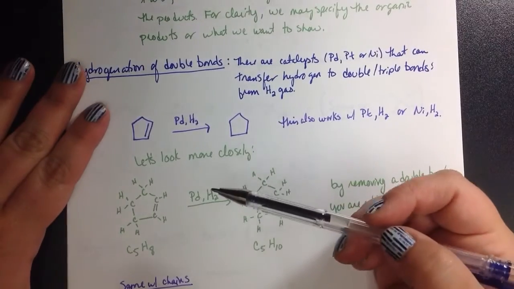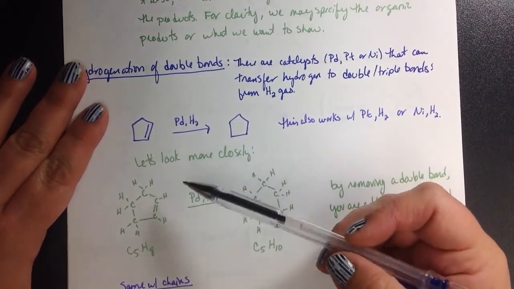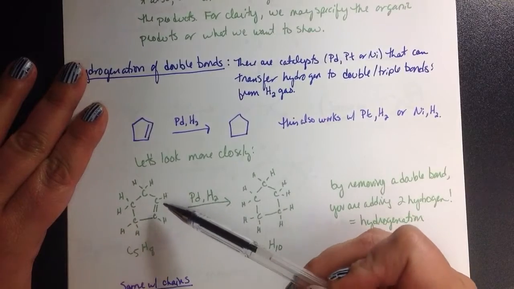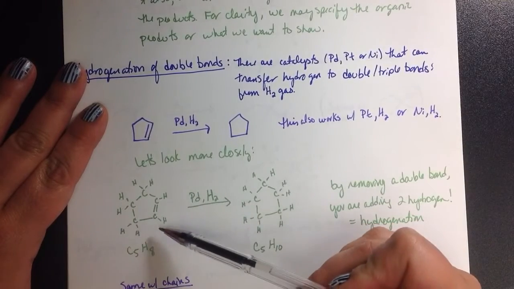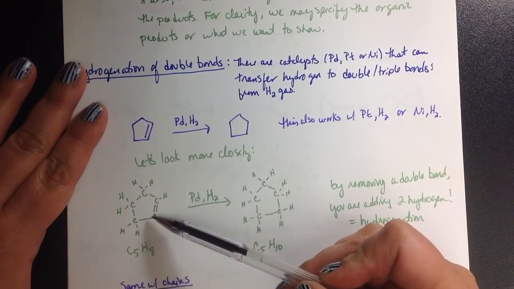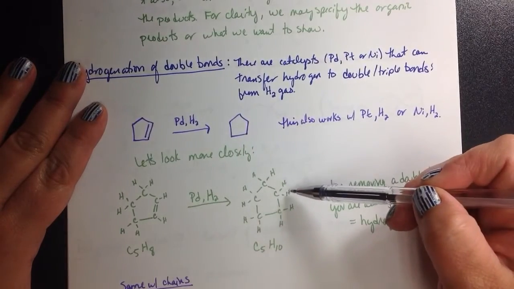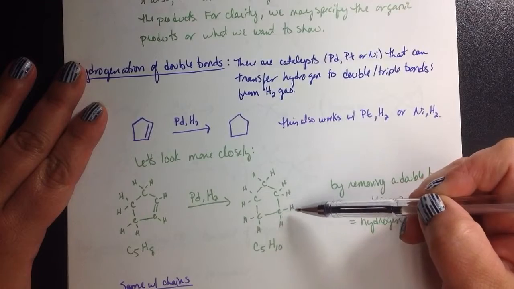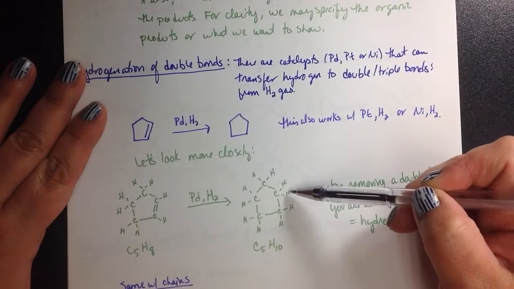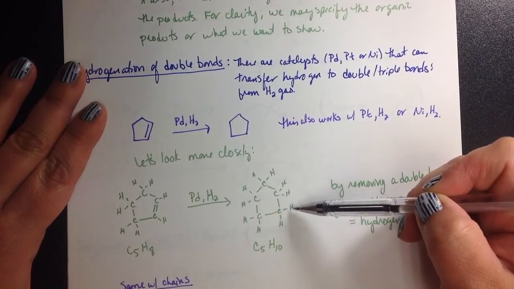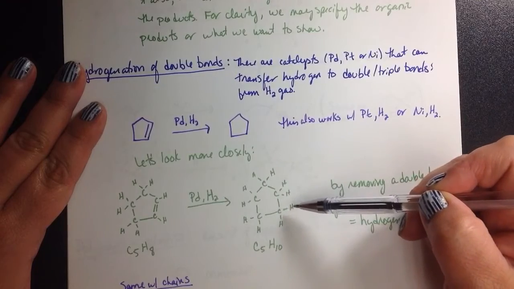And so let me show you how and why that happens. So if we draw out all the carbons and the hydrogens, see how there's that double bond right there? By adding hydrogen, we're actually adding a hydrogen here and a hydrogen here. So that's where the H2 is going, is that they're being added right there and there.